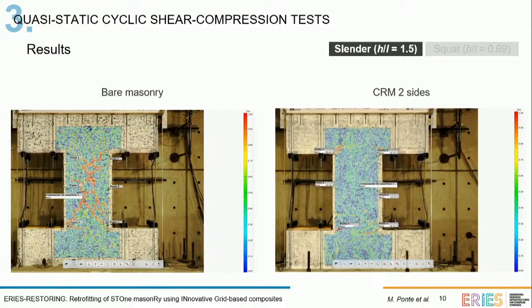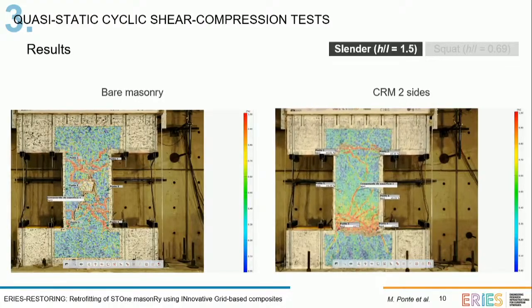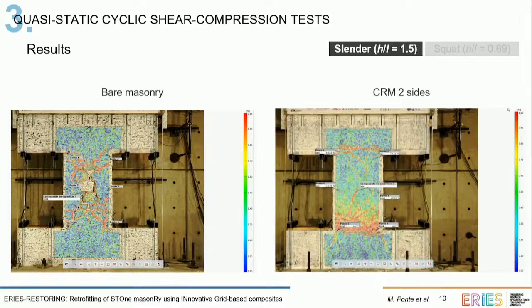You can see here that the non-retrofitted specimen had a hybrid flexural type of failure with also diagonal cracking, but still being able to transport the load diagonally, so the edges were not extruded from the specimen. With the CRM on two sides, we have the flexural rocking behavior with the cracks on top and bottom.